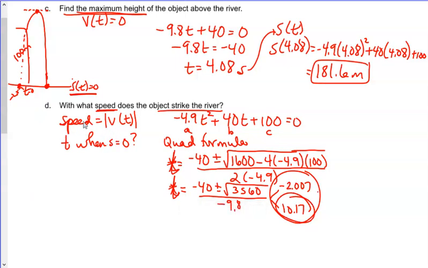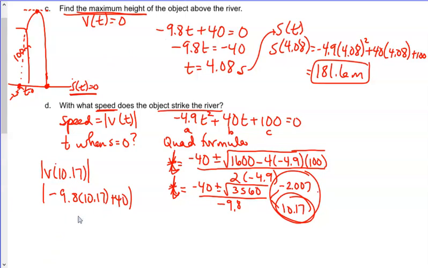So going back over here where we're saying, okay, we need the speed at when we hit the ground or hit the water, I'm going to find the absolute value of v at 10.17, and that's going to give me my answer. So I do the absolute value of negative 9.8 times 10.17 plus 40, because if you recall, that is my velocity function that I got right here and also in part A on the reverse side.